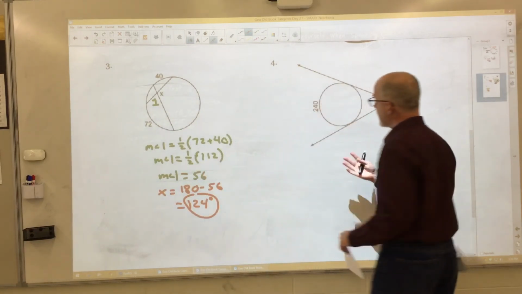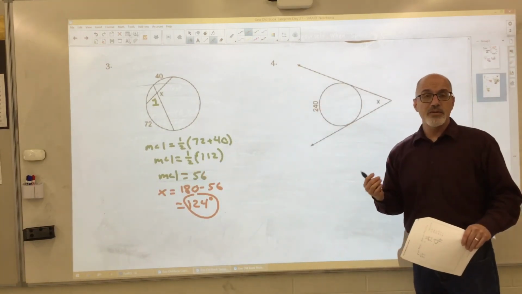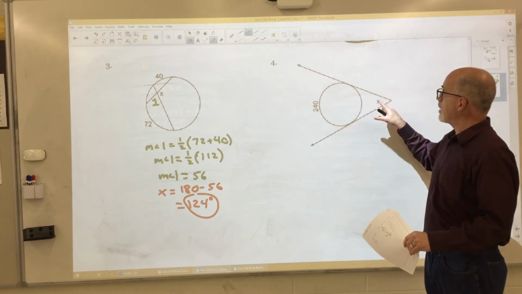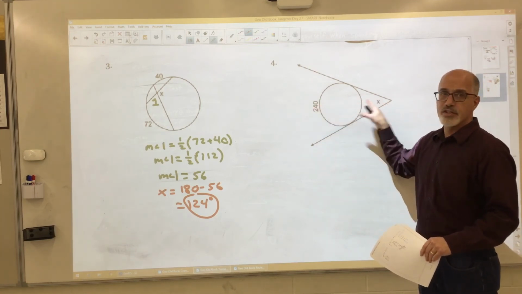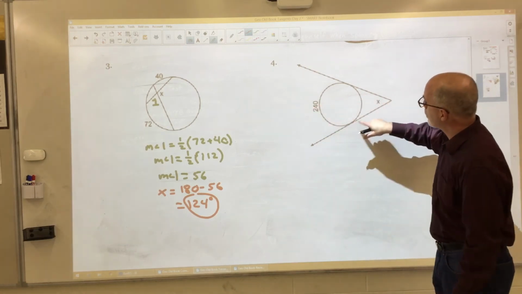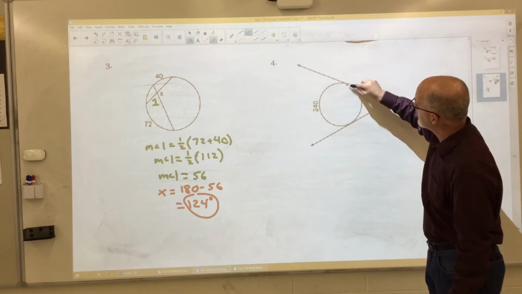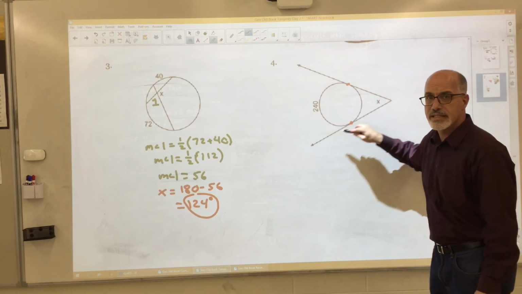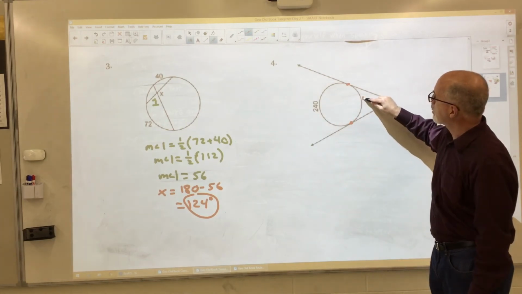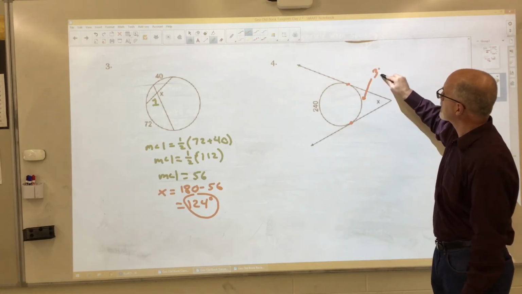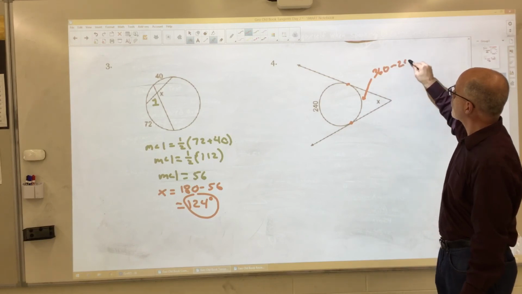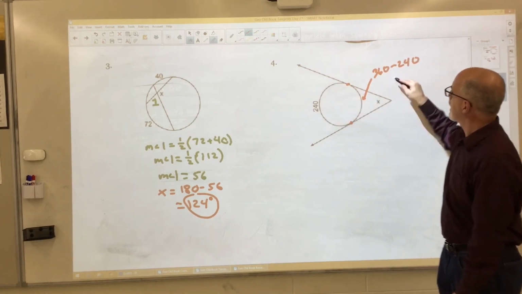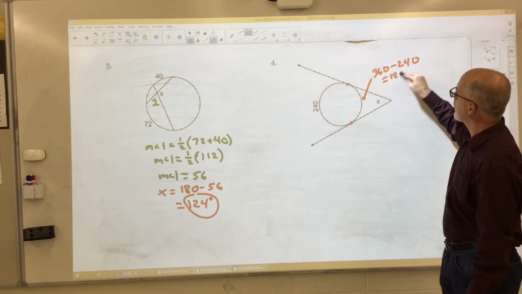Now this one is on the outside. For an outside angle, the angle is going to be half of the difference of the two arcs. The problem is we don't know this arc, but notice since these are tangents, a whole circle is 360, so this arc is just going to be 360 minus the 240 that I know, and that gives me 120 for that arc.